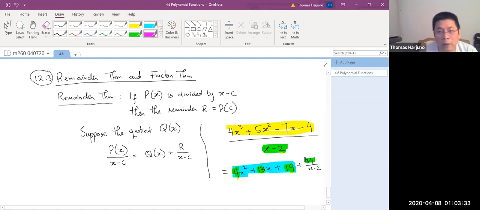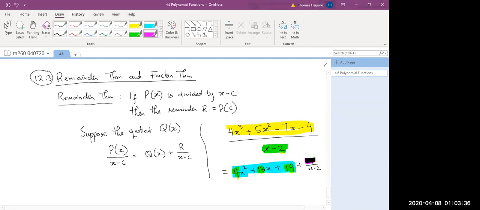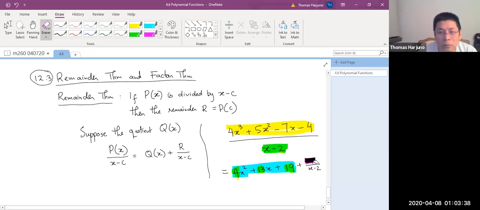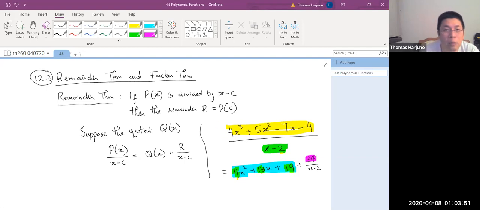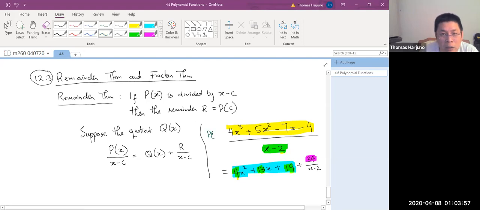And this is my remainder. Okay, so my polynomial P(x) here, divided by x minus c, gives me the quotient Q(x) with remainder r, and this is still over x minus c, right?